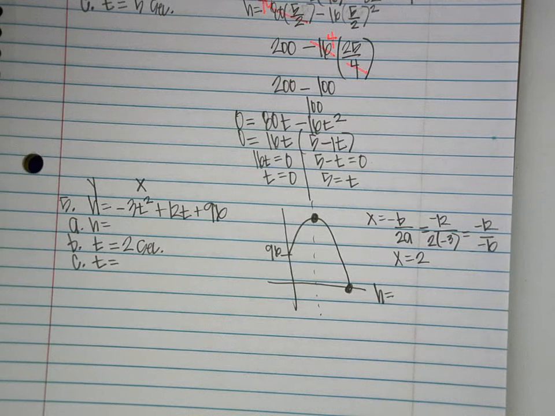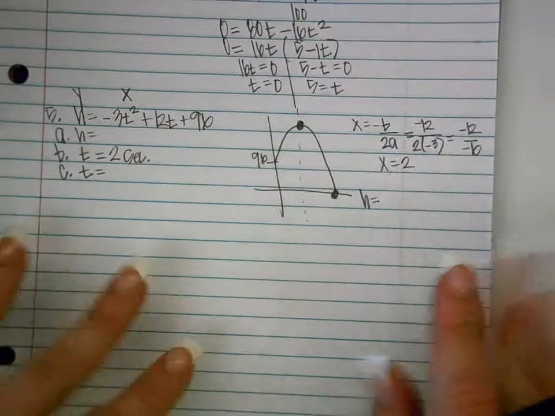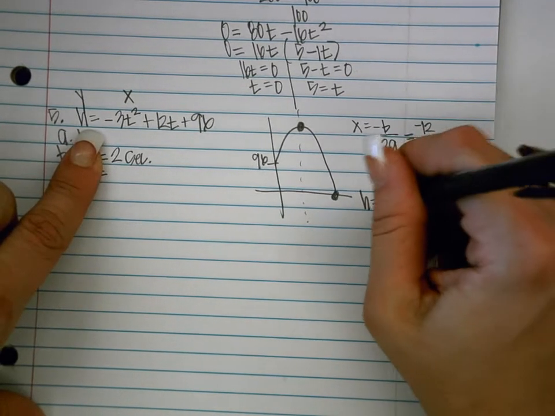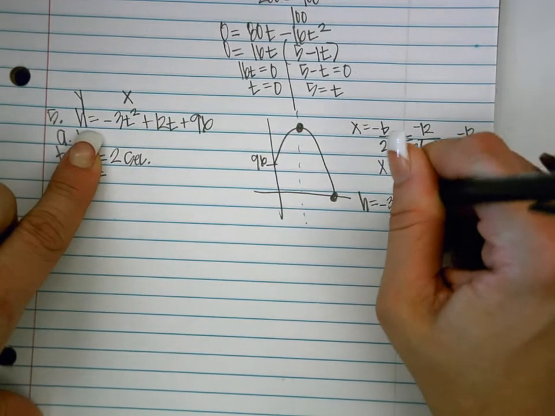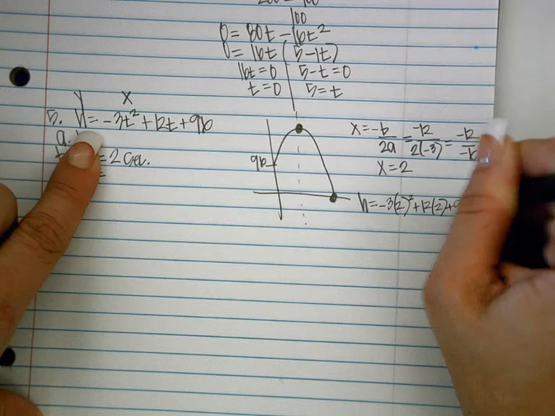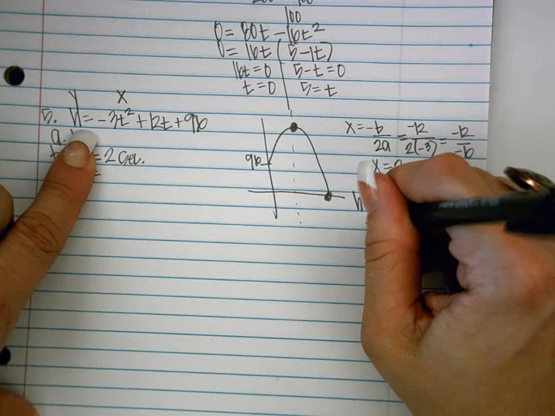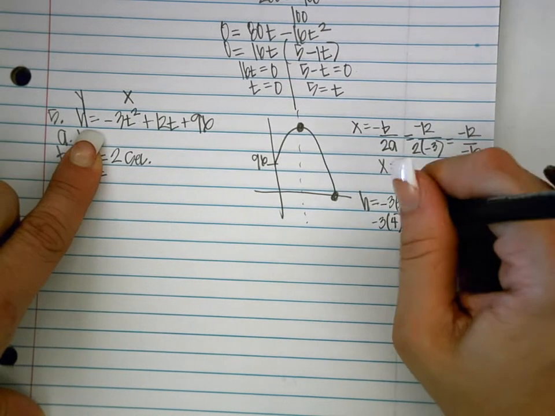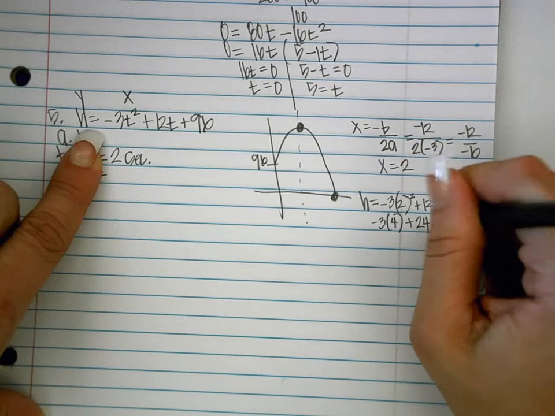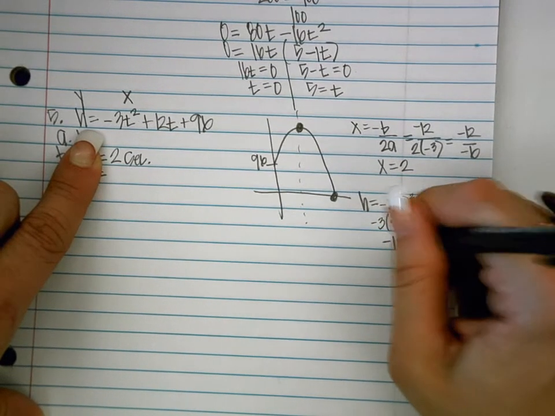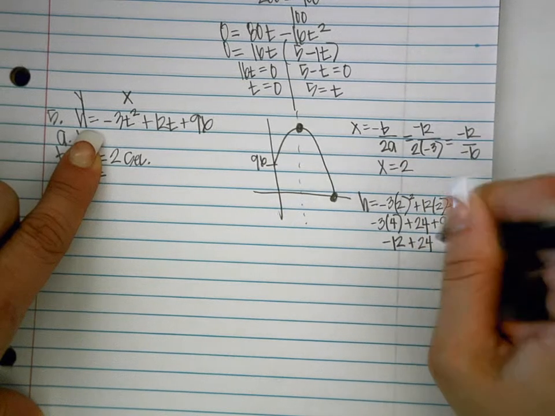So then to find height, how do you find the maximum height? Plug back in. So h equals negative 3 times 2 squared plus 12 times 2 plus 96. Negative 3 times 4 is negative 12, plus 24, plus 96.